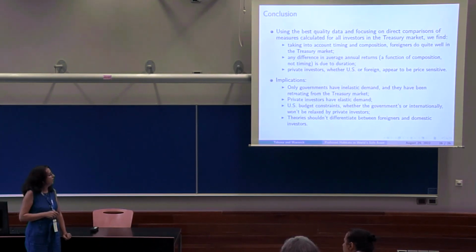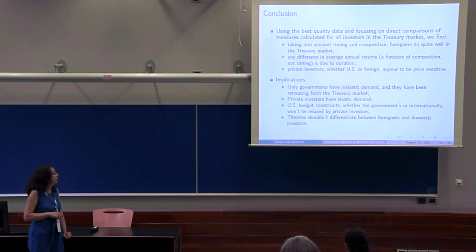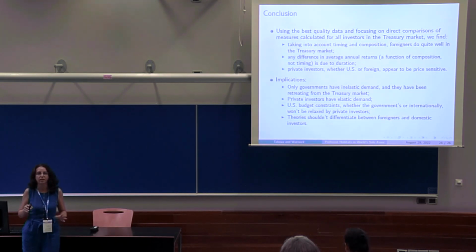And the other implication is for the literature, not only on the convenience yield, but also on the exorbitant privilege literature. We don't find that much support for the literature that relies on the differentiation between foreign and private investors.